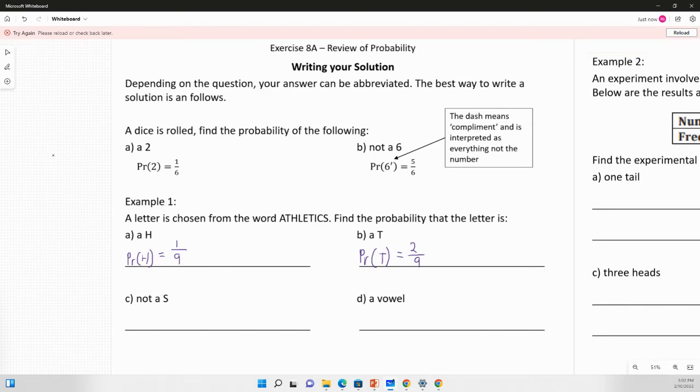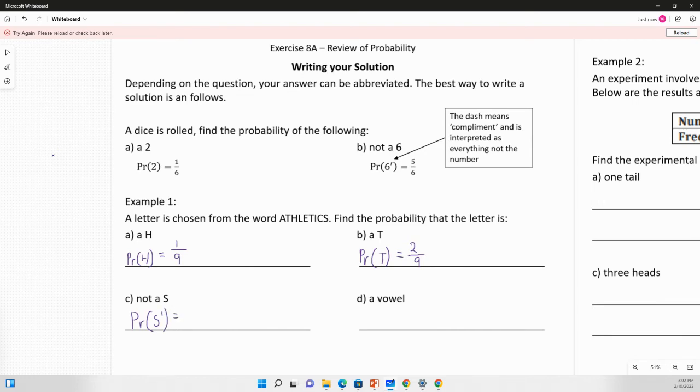Next, not an S. So we want to find the probability of S complement, S dash. So we can write this as the probability of S dash.